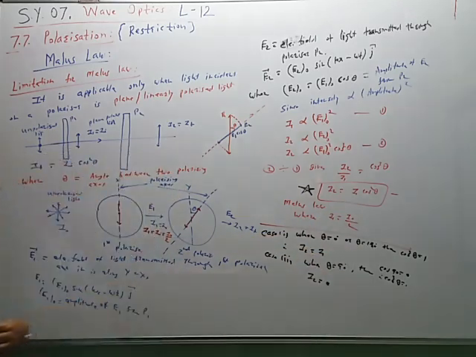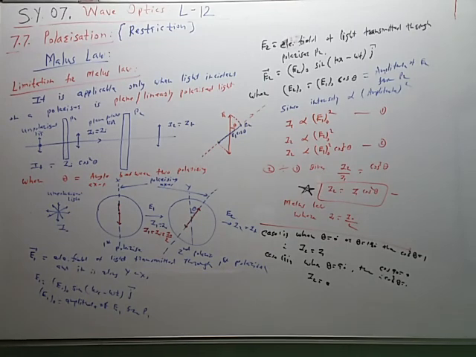Theta has value from 0 to 180 degree, and for any value in this range we can get the intensity. In this case there are three intensities: I0 is the intensity of the unpolarized light, I1 is the intensity from the first polarizer, and I2 is the intensity from the second polarizer.